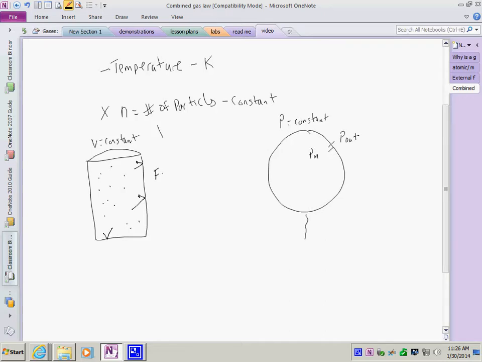Pressure is equal to force per area, and often I replace force with collisions. The more collisions you have per area, the more pressure there will be inside that container.